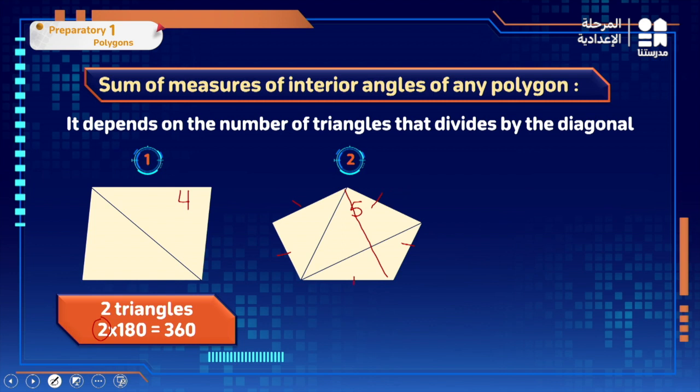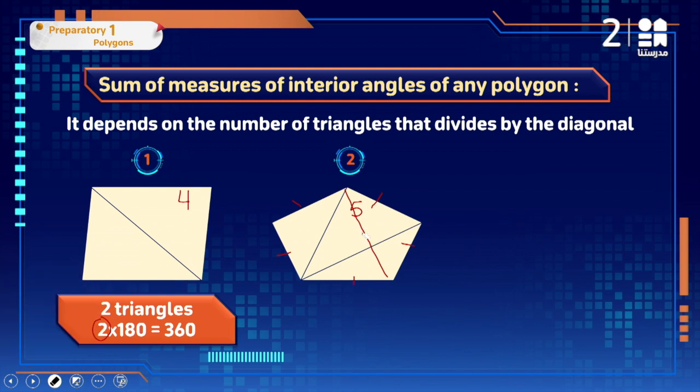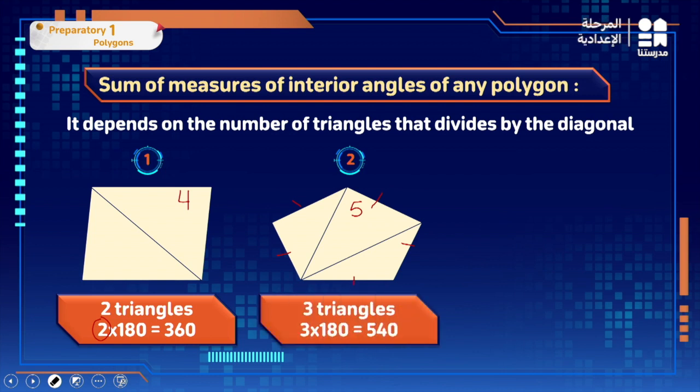No, I have to get separate triangles. So here we have just 3 triangles. So we are going to multiply 180 always by the number of triangles. So it is 3 times 180, which is 540 degrees.